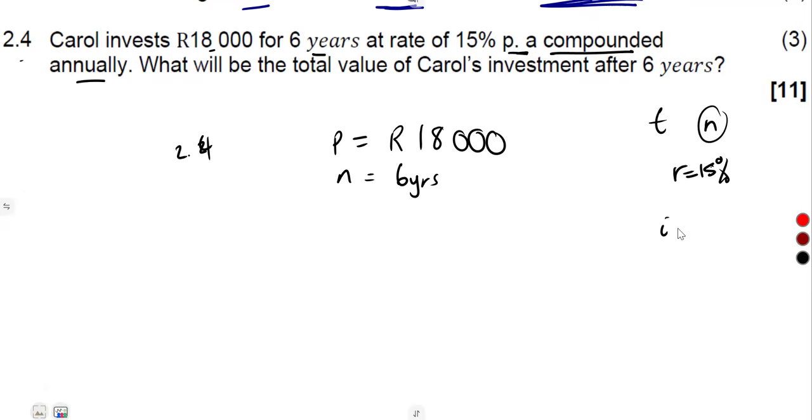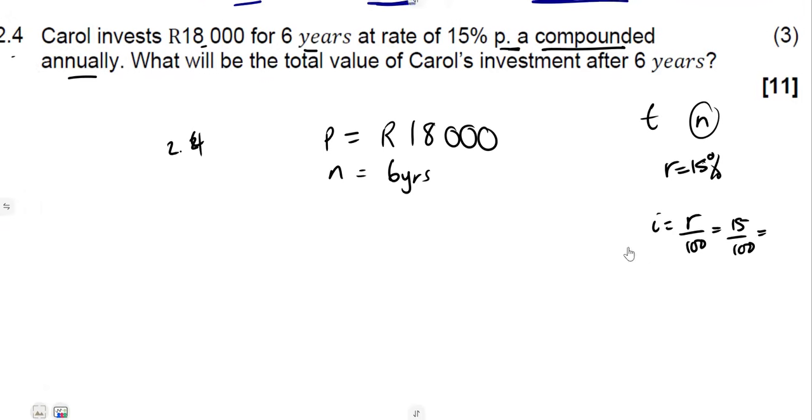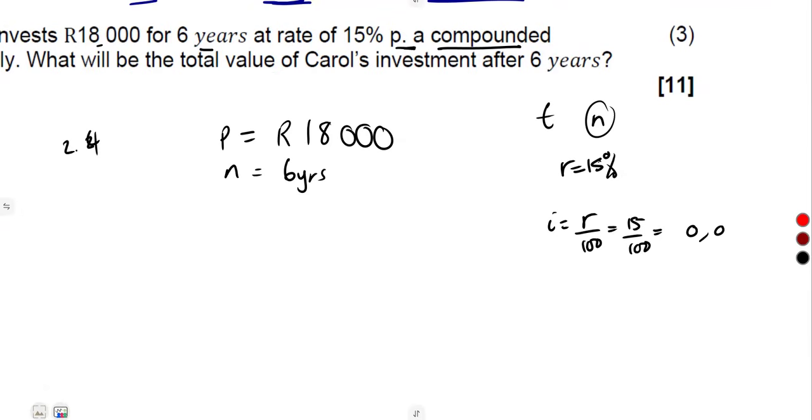So remember that I is equal to R over 100. So that's 15 over 100, which was going to give us 0,15. So that's I there as a decimal. Just divide by what? 100. You can use the formula with R. Remember, it's compound interest.